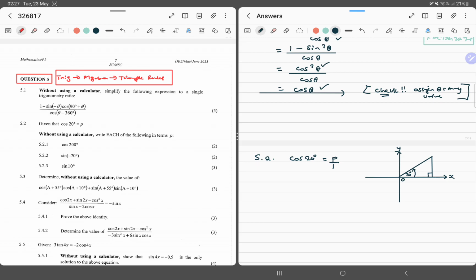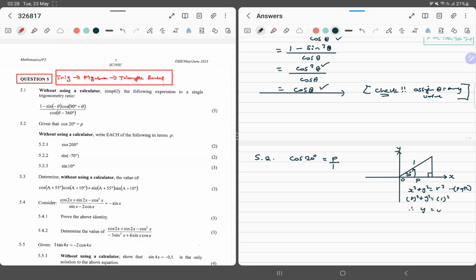So cos of 20 is always adjacent over hypotenuse. So that should be p over 1. If that is the case, we know that x squared plus y squared is equal to r squared. That is basically Pythagoras. Therefore, we want to work out y. So x here is p, so p squared plus y squared equals 1 squared.